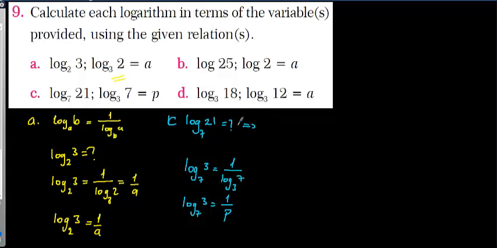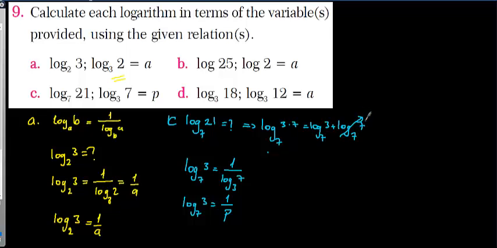Logarithm base 7 of 21 is equal to logarithm base 7 of 3 times 7, since 21 can be written as 3 times 7. So this is going to be equal to logarithm base 7 of 3 plus logarithm base 7 of 7.